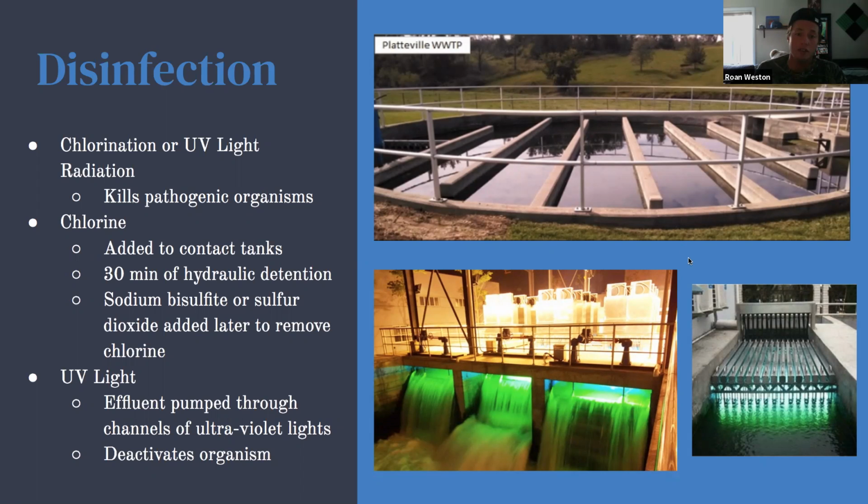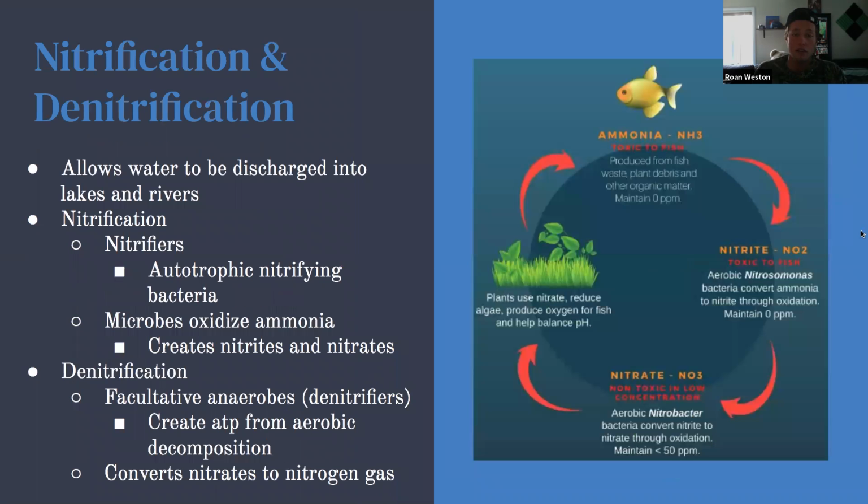So an alternative to disinfection is nitrification and denitrification. Your typical wastewater is going to have a lot of ammonia in it, and that's toxic to aquatic organisms and all types of plants and fish.